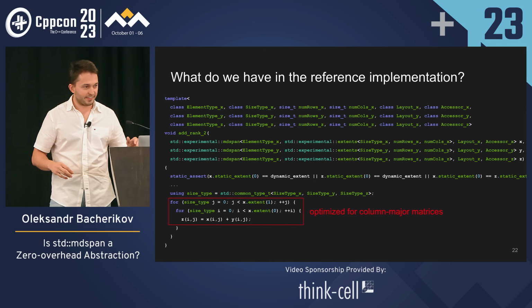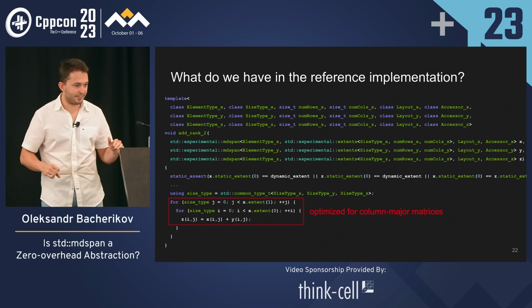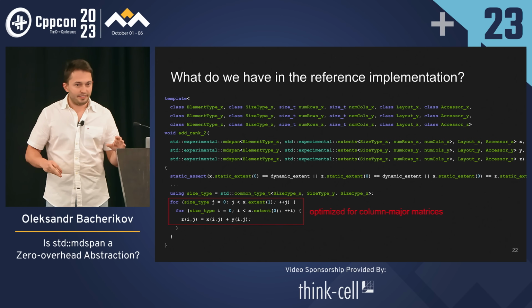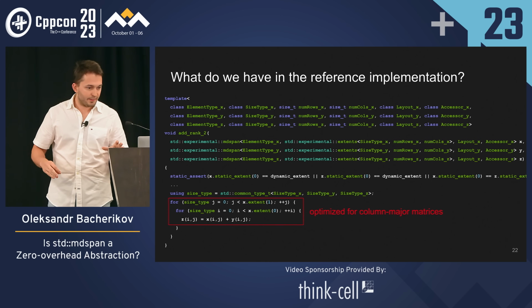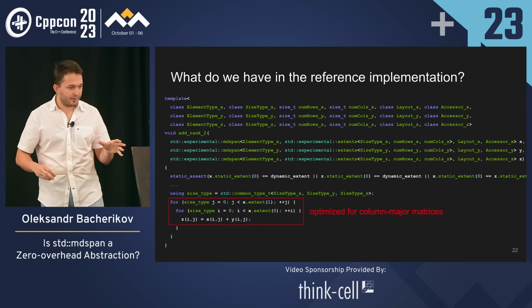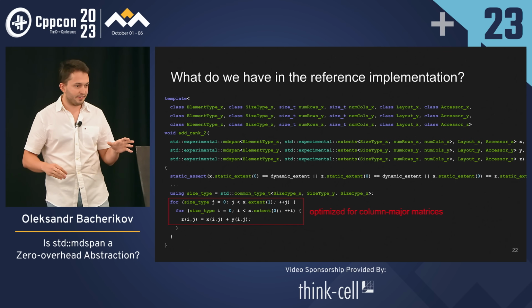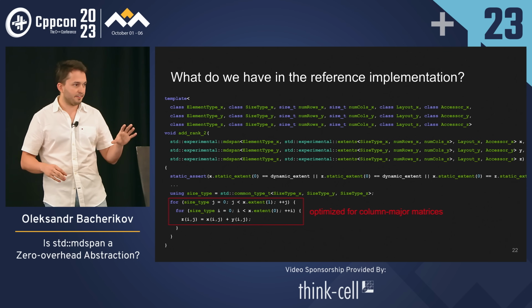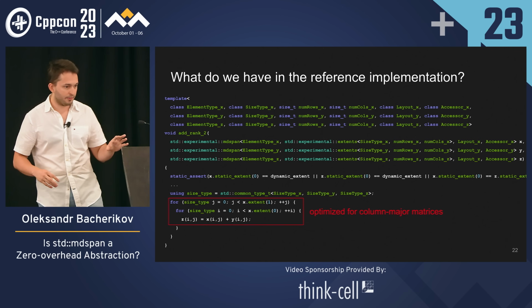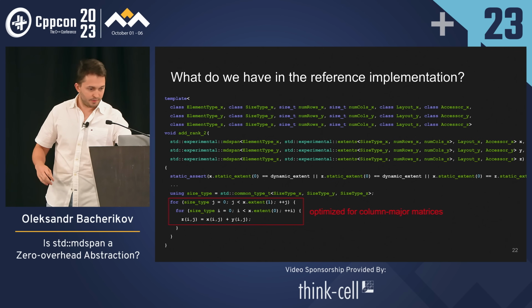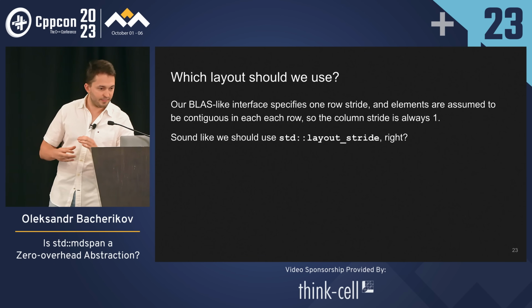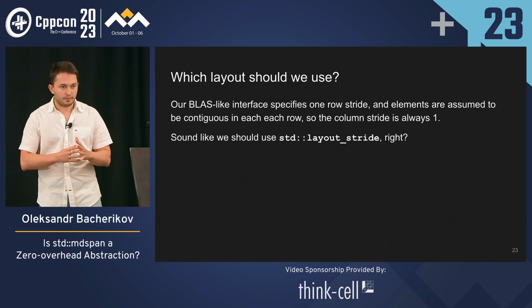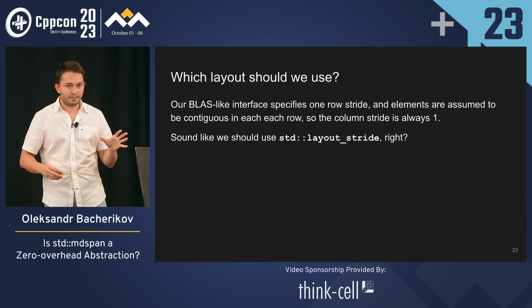And yeah, it also has a wall of static asserts that I skipped. And the implementation in the end looks like it's optimized for column major matrices, not row major ones. But in general, it gives us a good direction to follow implementing our thing.